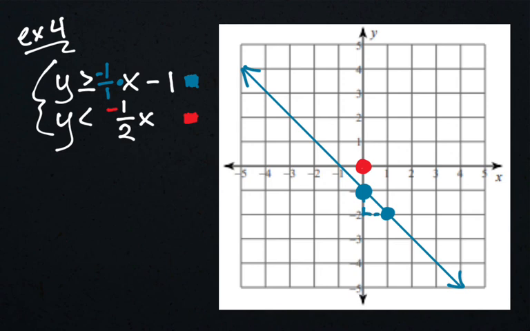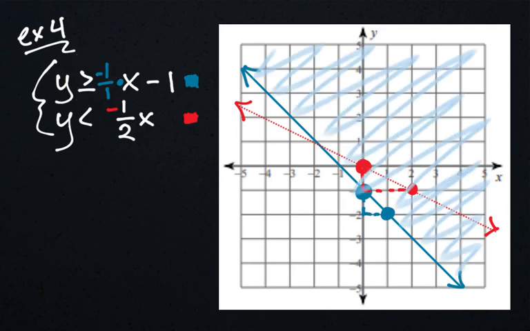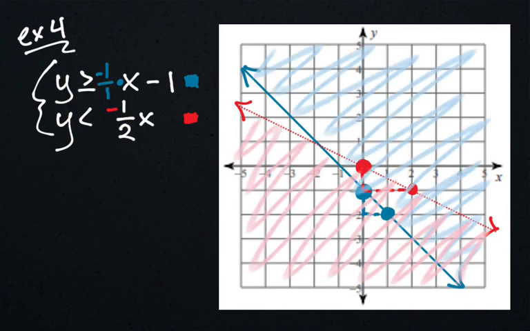So we'll go ahead and put it with the 1, making the rise negative 1 and the run positive 2. Once we draw our dotted line through those dots, because it says less than, we are now ready to shade. Greater than means we shade above the blue line. Less than means we shade below the red line. And where these two areas overlap is our solution set.